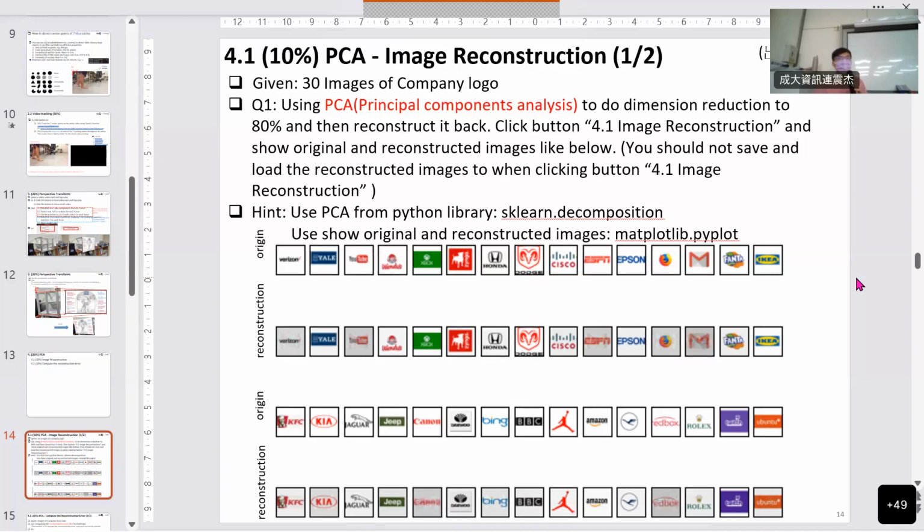Instead, you should just plot the result image without saving it. So when you click this button, you load all of these 30 images to the PCA function and do the dimension reduction and the reconstruction, and you just immediately output the result. No saving is allowed.